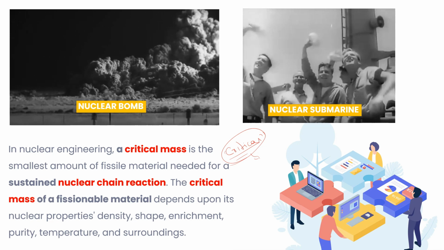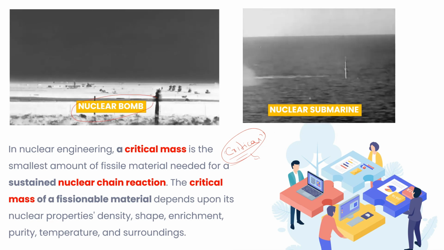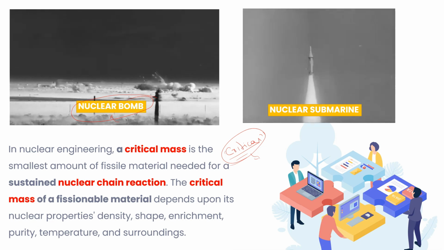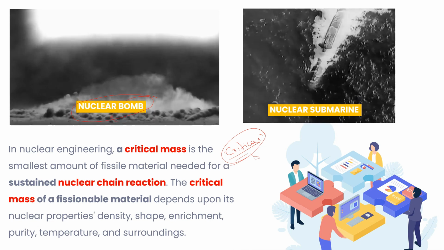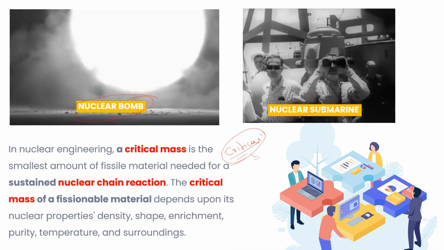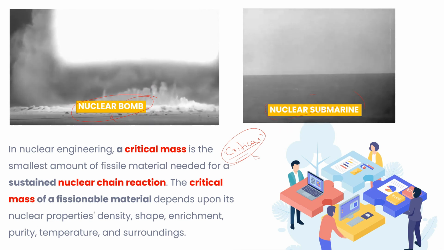Well, if you see the history, the nuclear bomb was a project during which the critical path method was developed. Also, PERT was developed for the nuclear submarine, a Navy special project.